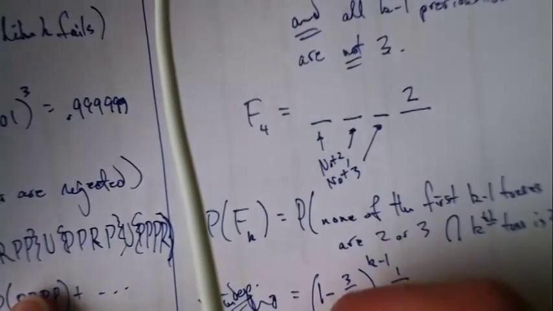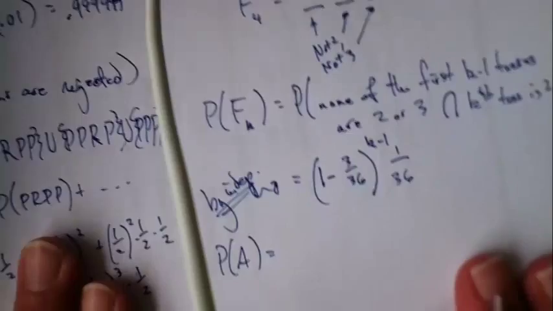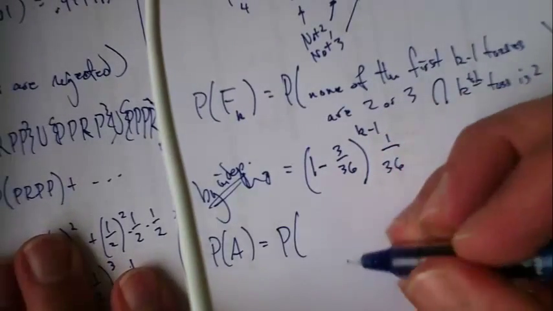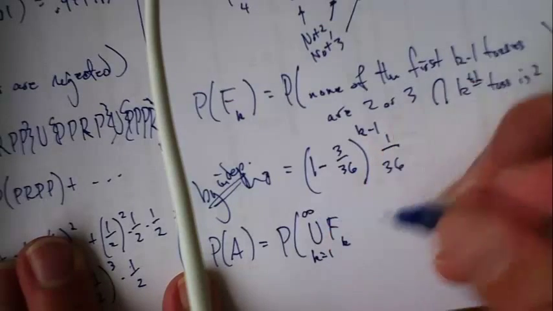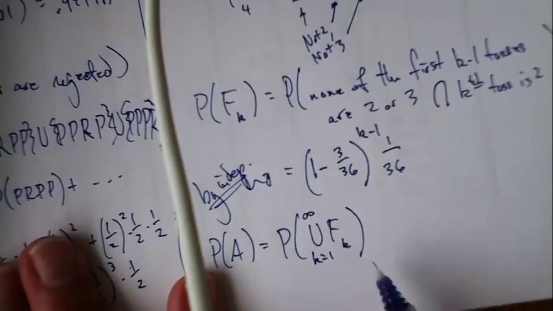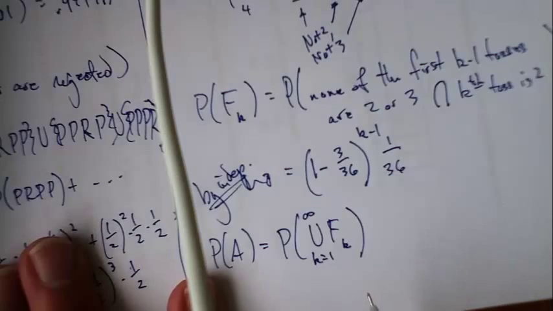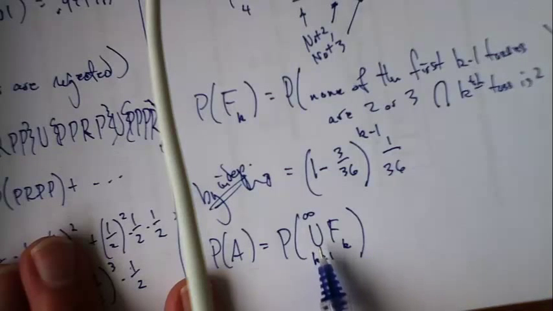Well, can't I write the event A as the union of those F sub k's, k goes from 1 to infinity? That is, I'm going to see a 2 before I see a sum of 3 if and only if I see the first 2 on the first toss, or I see the first 2 on the second toss with no 3's before it, or on the third toss with no 3's before it, and so forth.